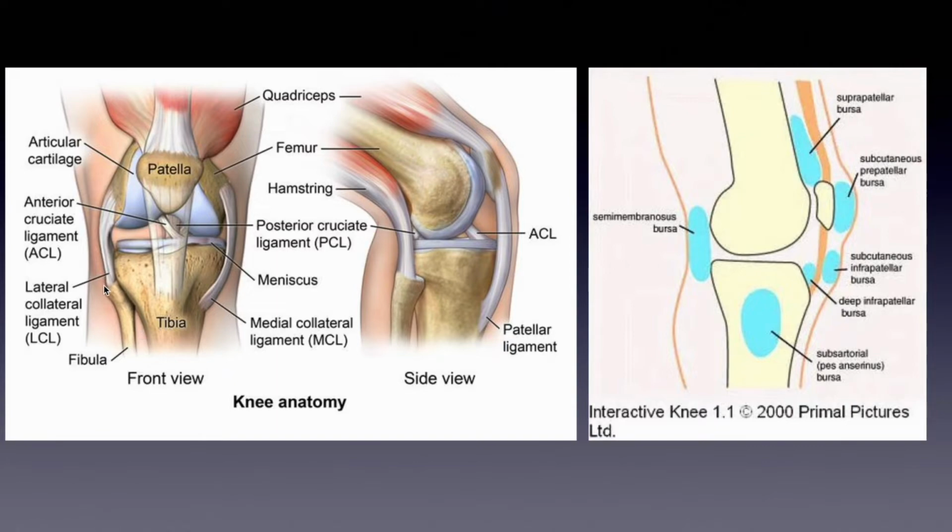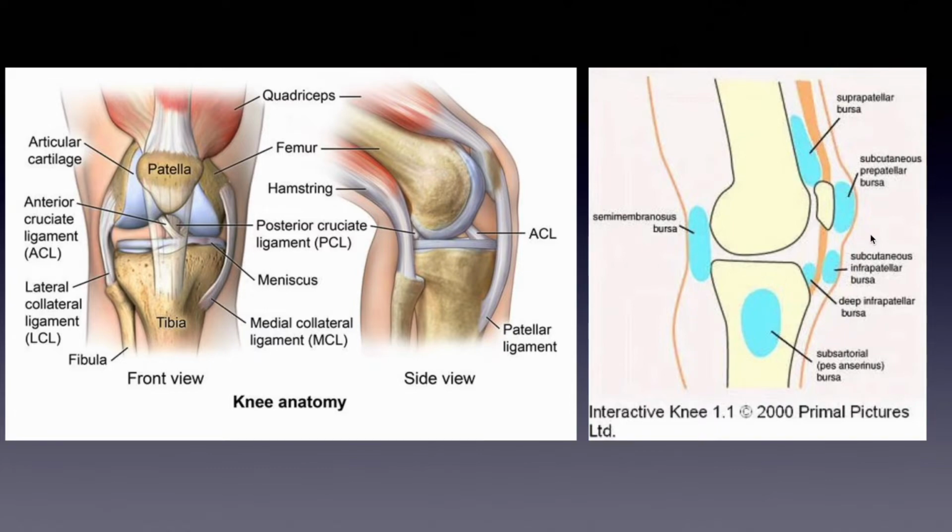So the structure that connects the femur to the fibula is called the lateral collateral ligament, or fibular collateral ligament, LCL. On the medial part, we have a structure that connects the femur to the medial tibia, which we call the medial collateral ligament, MCL, or tibial collateral ligament.